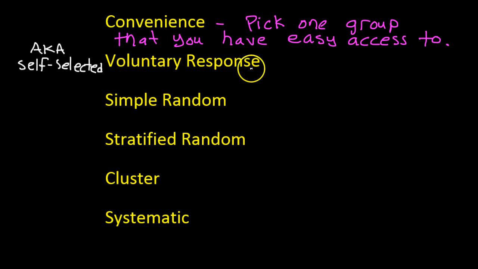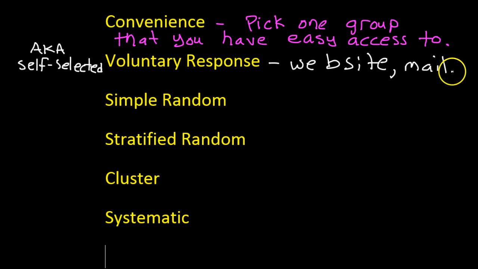Now, voluntary response is also known as self-selected, and that's where the people that participate in your survey or the people that get measured in some way choose themselves to participate. Some common ways that will happen: if there is a survey that's posted on a website, for example, or if you send out a survey in the mail, that's going to be automatically voluntary because people could just throw it away.